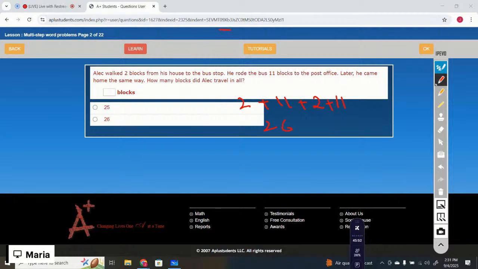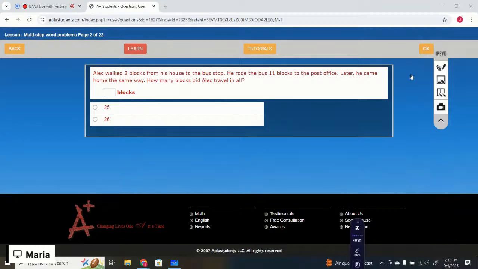The total blocks he traveled is 26. Option number 2 is the correct option.